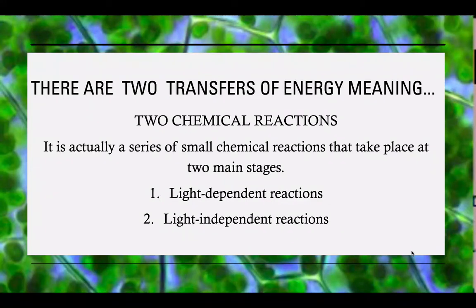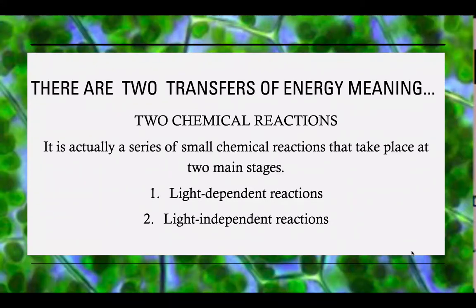So there are two transfers of energy. This means there are two chemical reactions. Going back to your do now for today, that's what I was trying to get you to get to: there are two chemical reactions happening, because for every chemical reaction, there is a transfer of energy. But actually, what is really happening is there's a series of small chemical reactions, and there's really just two main stages of photosynthesis.